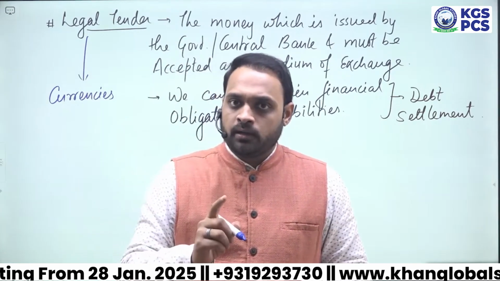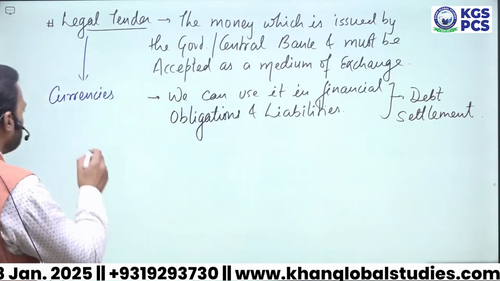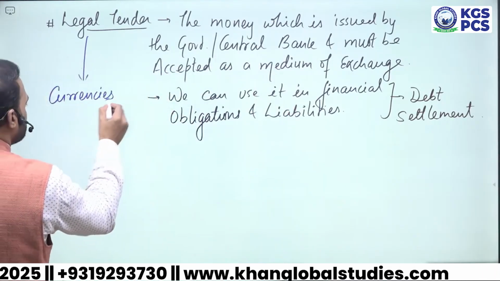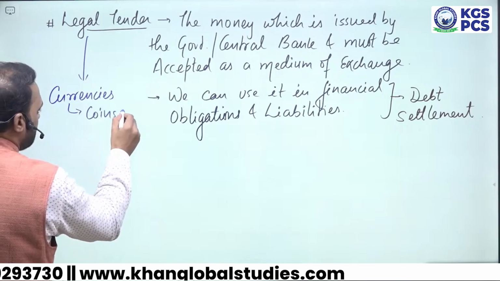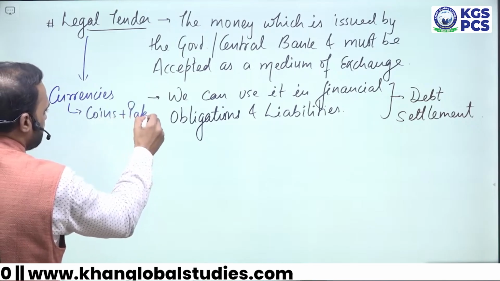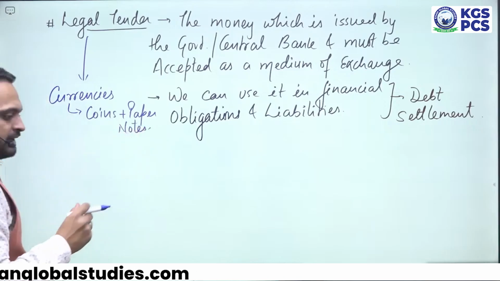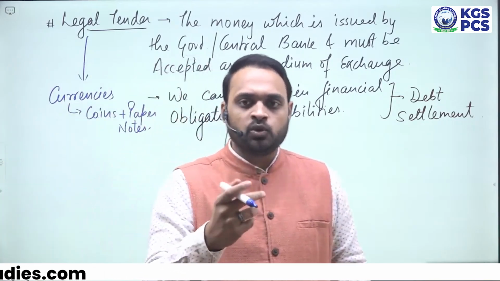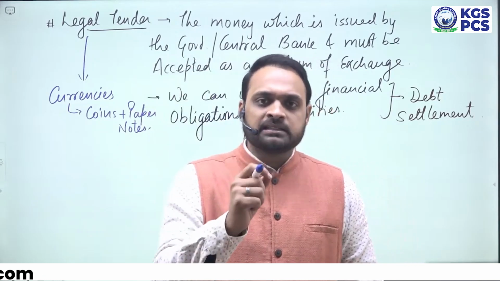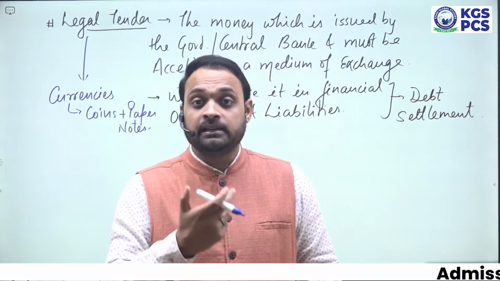In my class, currencies means the coins plus paper notes. Like in Indian currency, we have coins and paper notes. All the currencies, that is coins and paper notes, are considered as legal tender.